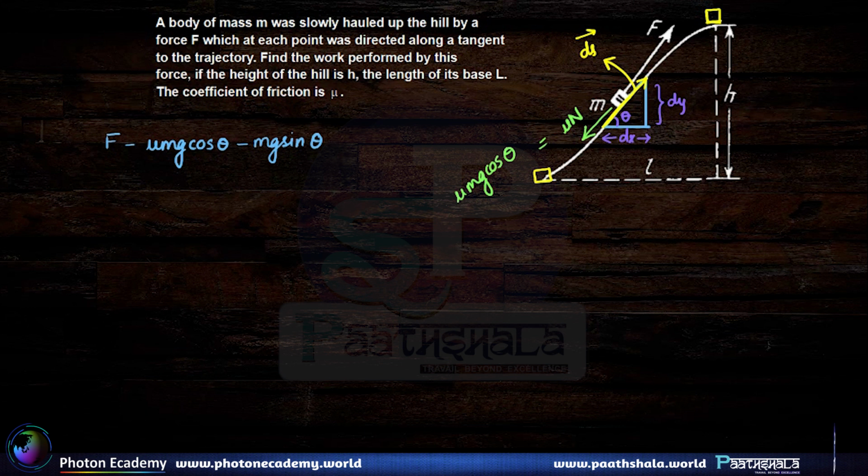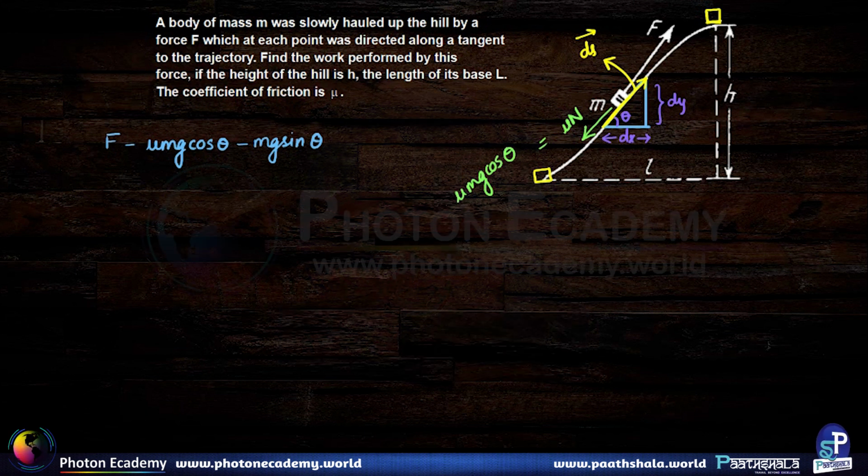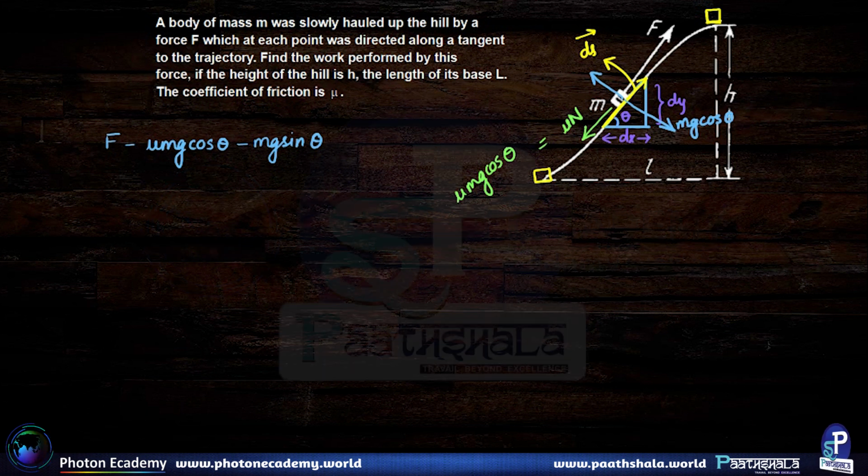So I again and again allude to the word theta-giri. Theta-giri means the understanding of how angles work in a particular free body diagram situation in physics. So according to theta-giri, this angle happens to be theta, and this normal reaction will be balancing out the mg cos theta component. So normal reaction is going to be equal to mg cos theta, and since the block is moving, we have to use kinetic friction, which is mu n, and which happens to be mu mg cos theta.